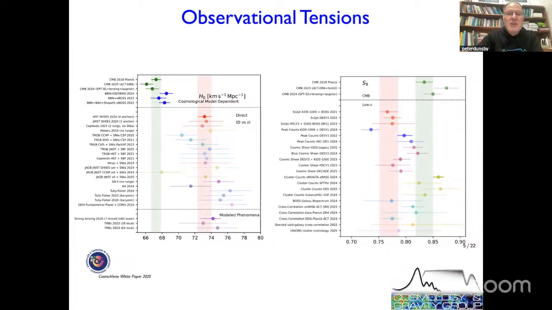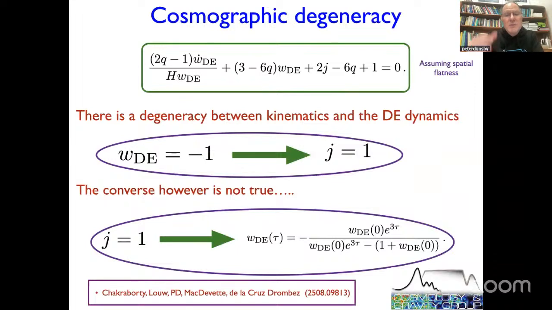We have these observational tensions that I've mentioned, but it's also worth mentioning that we have kinematic tensions as well, so cosmographic degeneracies. There's a very beautiful relationship that you can derive, which links the evolution of the equation of state parameter for dark energy, w_DE, with the cosmographic parameters.